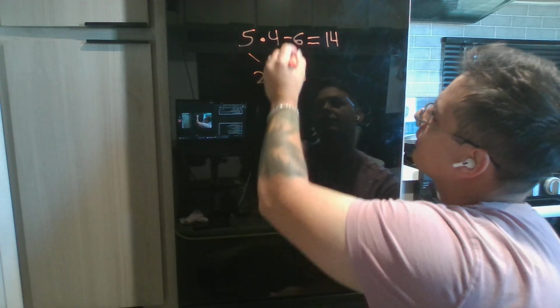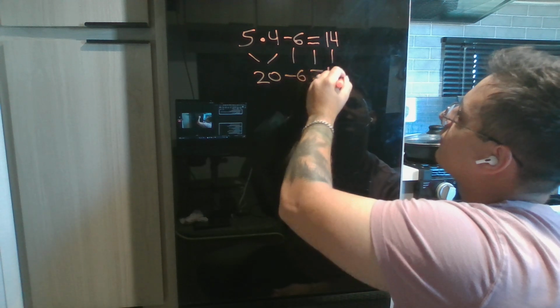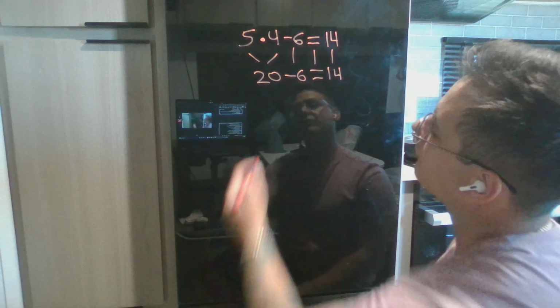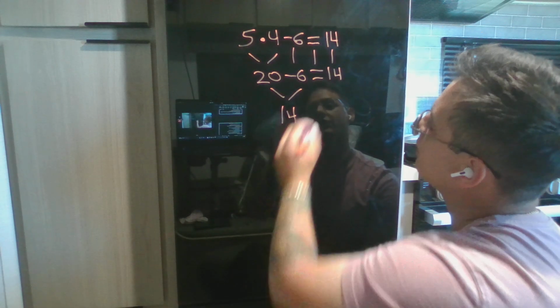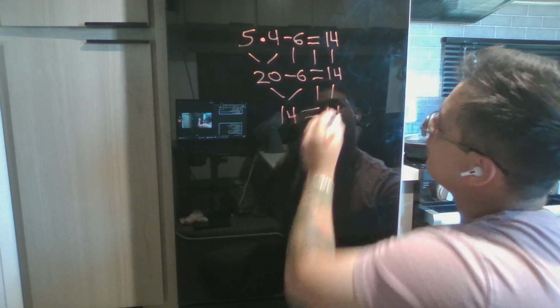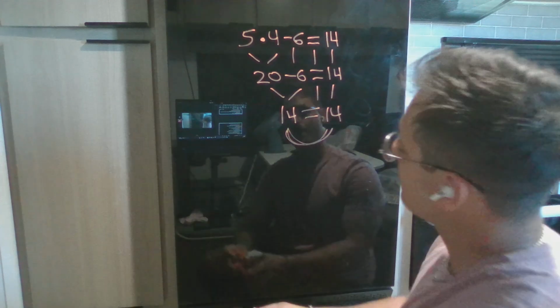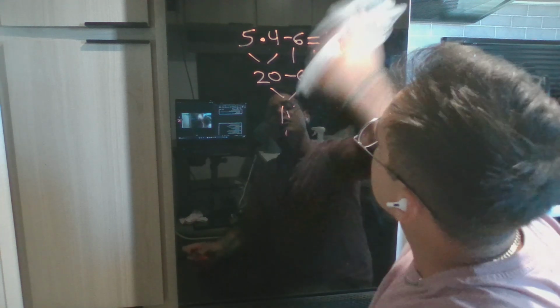Minus 6 down, equals down, 14 down. It's looking okay to me so far. 20 minus 6 is 14. Equal sign down, equals 14. And 14 does in fact equal 14. So balanced. Awesome.